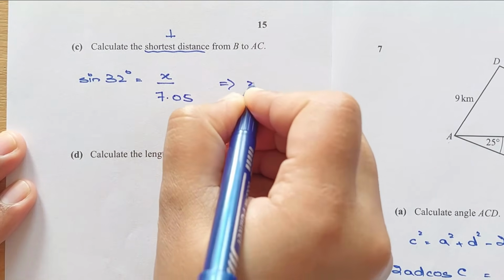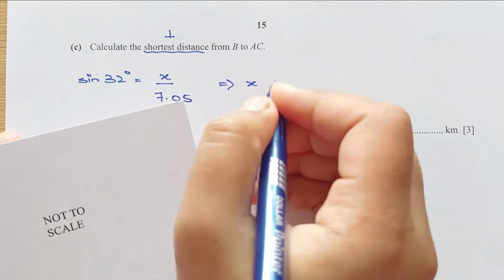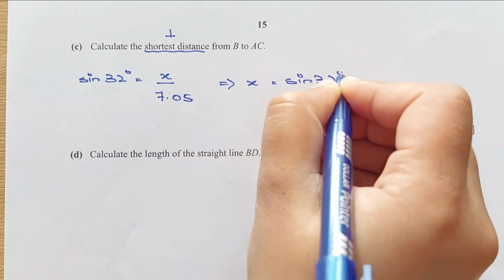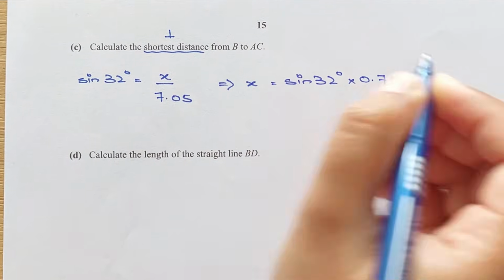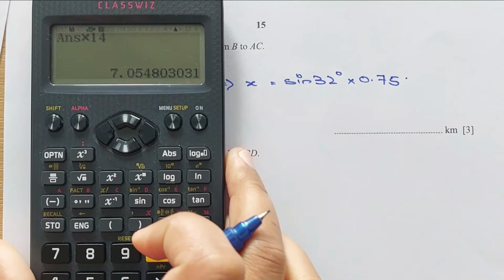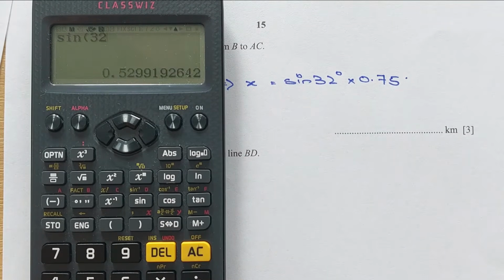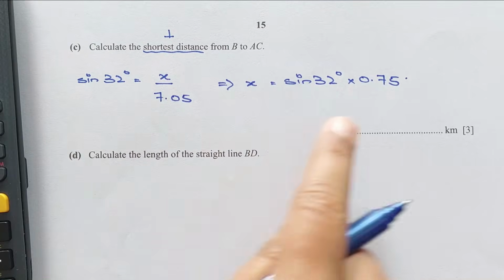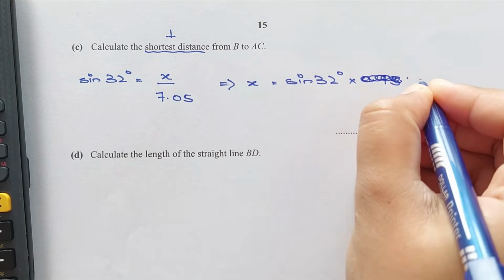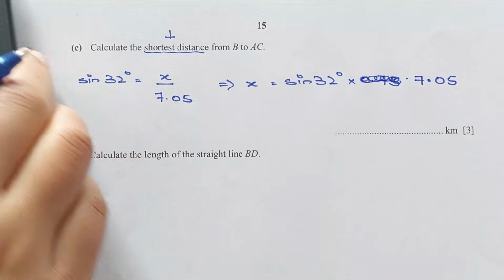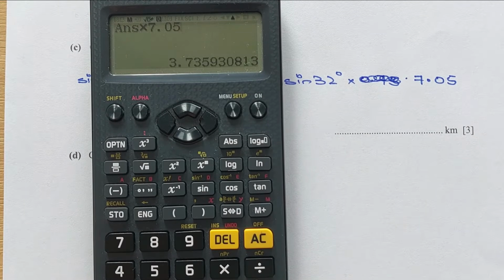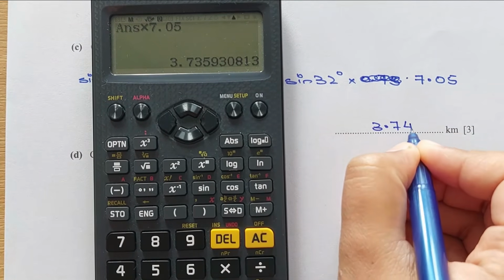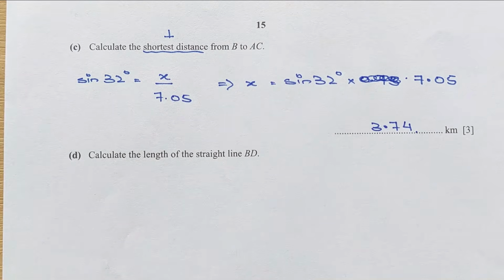So from here the perpendicular distance x is going to be sine 32 times 7.05. Let me calculate this. This is not 0.75, this is 7.05, sorry. It is 3.74 kilometers, rounded to 2 decimal places, the perpendicular distance from B to AC.